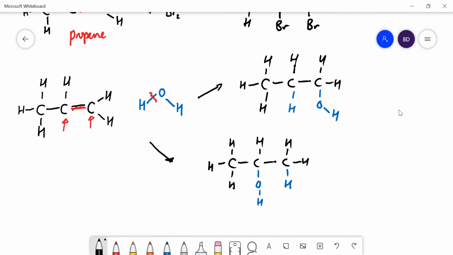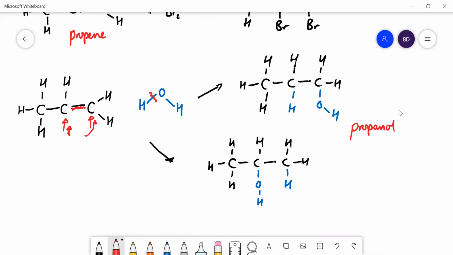In actual fact, one's called propan-1-ol, which you don't need to know, and one is called propan-2-ol. And they're very similar molecules, but they're not exactly the same as each other. And that is caused by the fact that these 2 carbon atoms in propene, that one and that one, are not exactly the same as each other. The molecule is asymmetric.